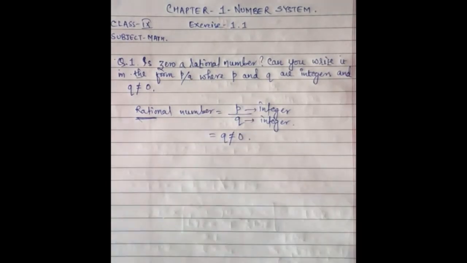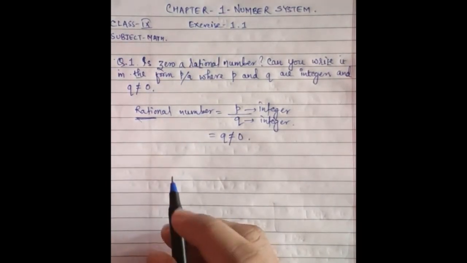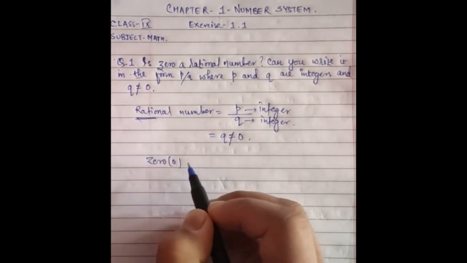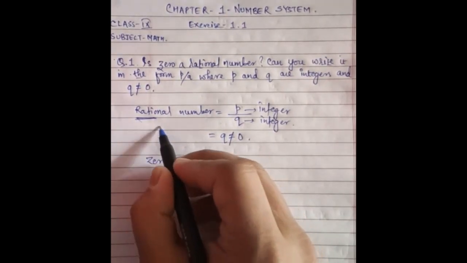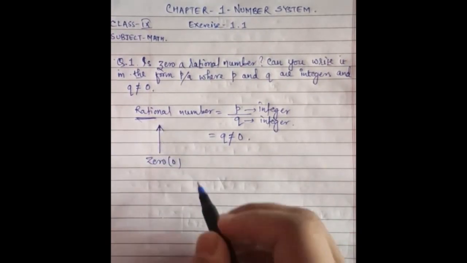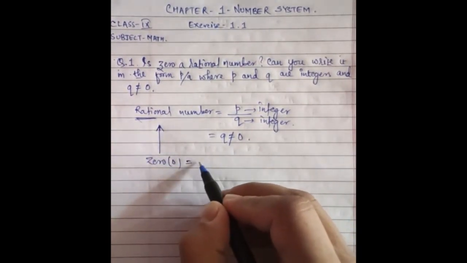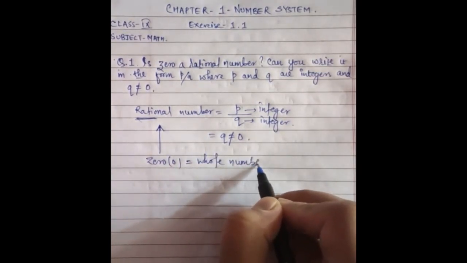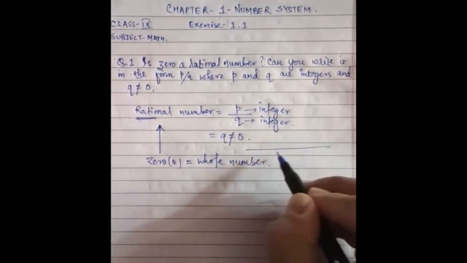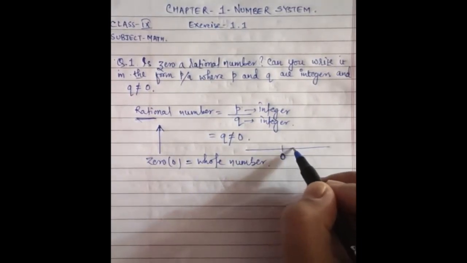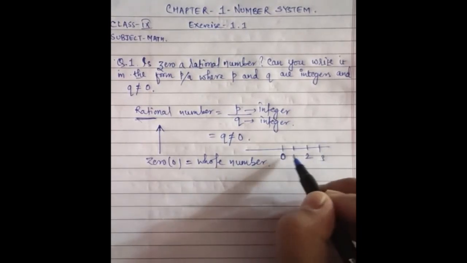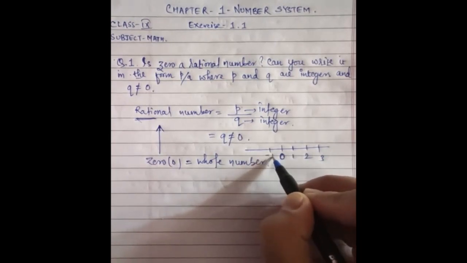So according to the question, is 0 a rational number? In the previous class I told you that 0 is a whole number. In a number line, we have 0, 1, 2, 3 in a systematic order, and below 0 you have the negative integers.